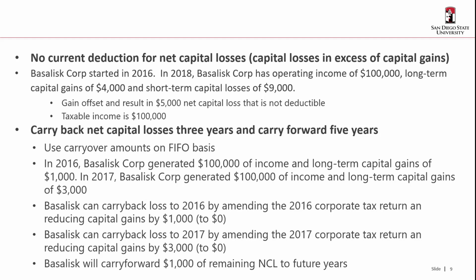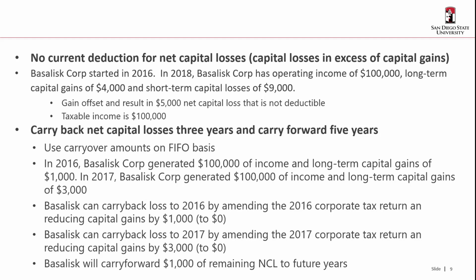So the first thing it has to do is carry back that loss to the first year. So it can't go back 3 years. It can only go back 2 years. So it will carry it back to the 2016 tax return. And what a carryback means is you would actually think of it like open that return up, amend it by reducing its capital gains by $1,000 down to zero because it had capital gains of $1,000, and then filing for a refund. It would then look at 2017 and say, oh, well, I had capital gains of $3,000.